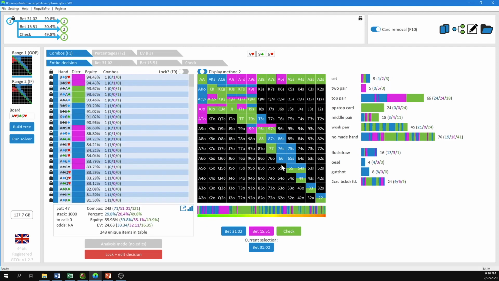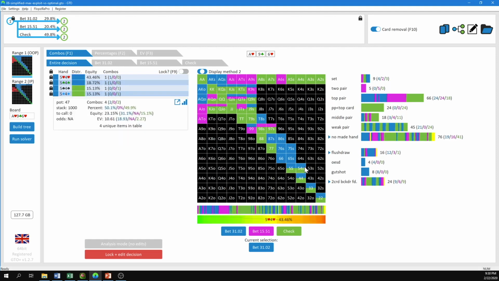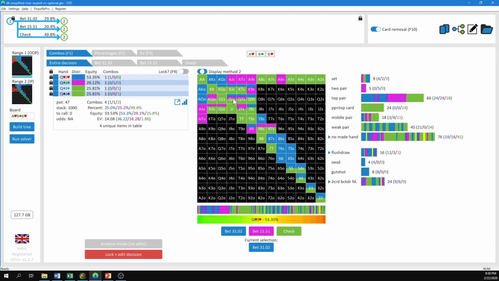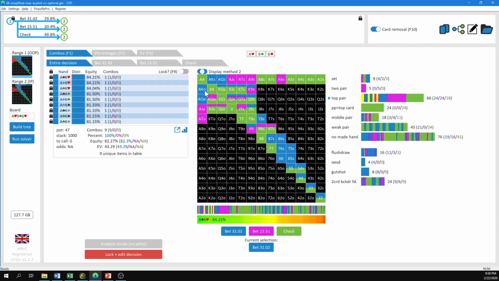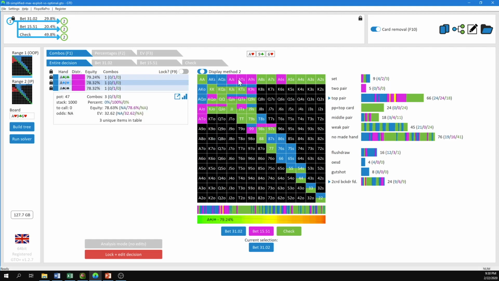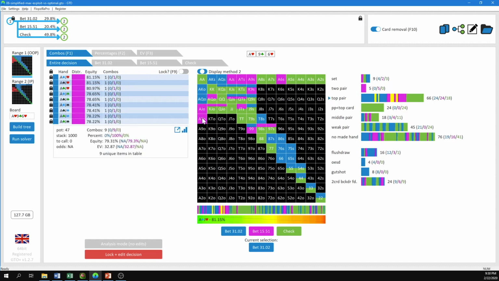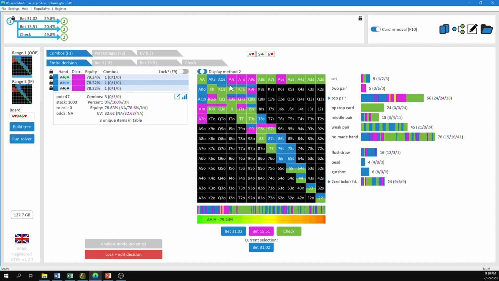So this is a simplified version of that, where everything is done at the combo level as a pure strategy, where I think I could potentially execute this at the table. So betting my best aces for the larger sizing, and then down a little bit for my slightly worse aces for the smaller sizing, and then checking my very worst aces.